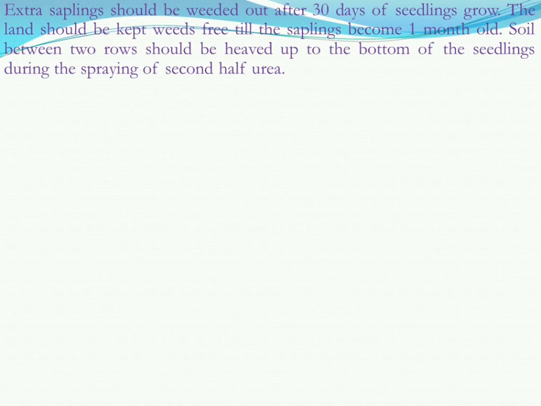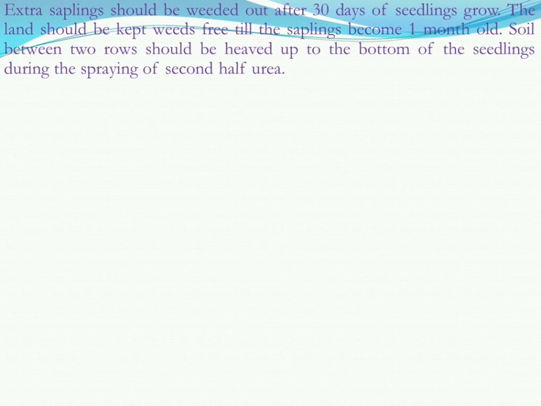The land should be kept weed free until the saplings become 1 month old. That means we have to clear all the weeds, unnecessary plants, crops, or anything else harmful for maize cultivation from the land until the saplings are 1 month old.